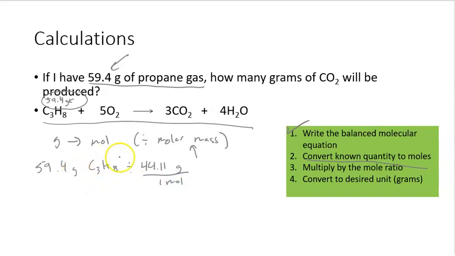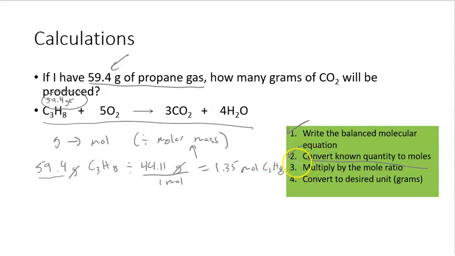Now we're dividing by a like unit, so grams divided by grams cancels, and we're going to end up with our answer in moles. When we do that and round, we have 3 sig figs here, so I'm going to round this to 1.35 moles of propane. All right, so we just did step 2. Check.